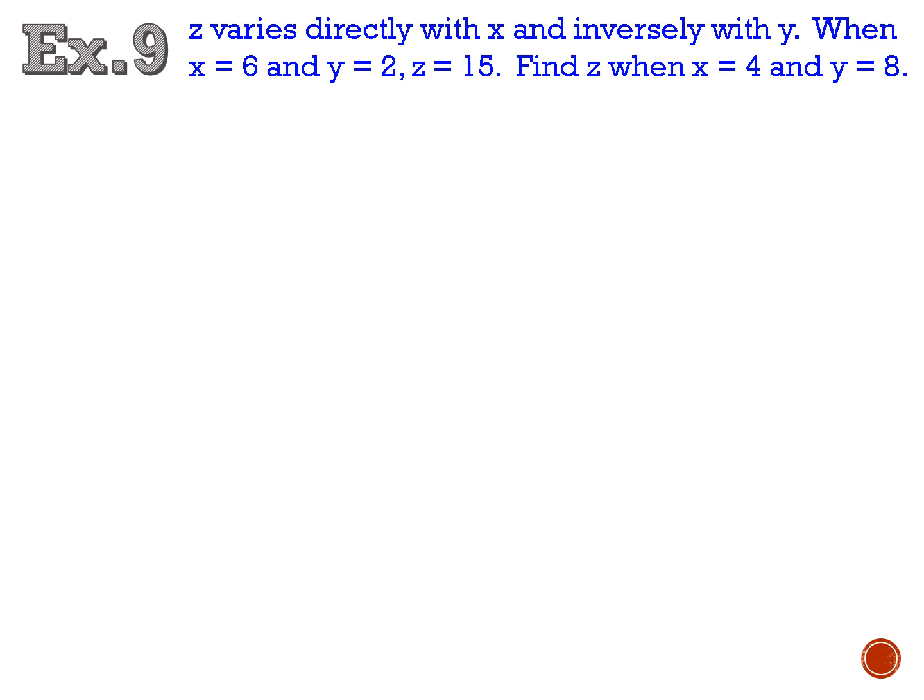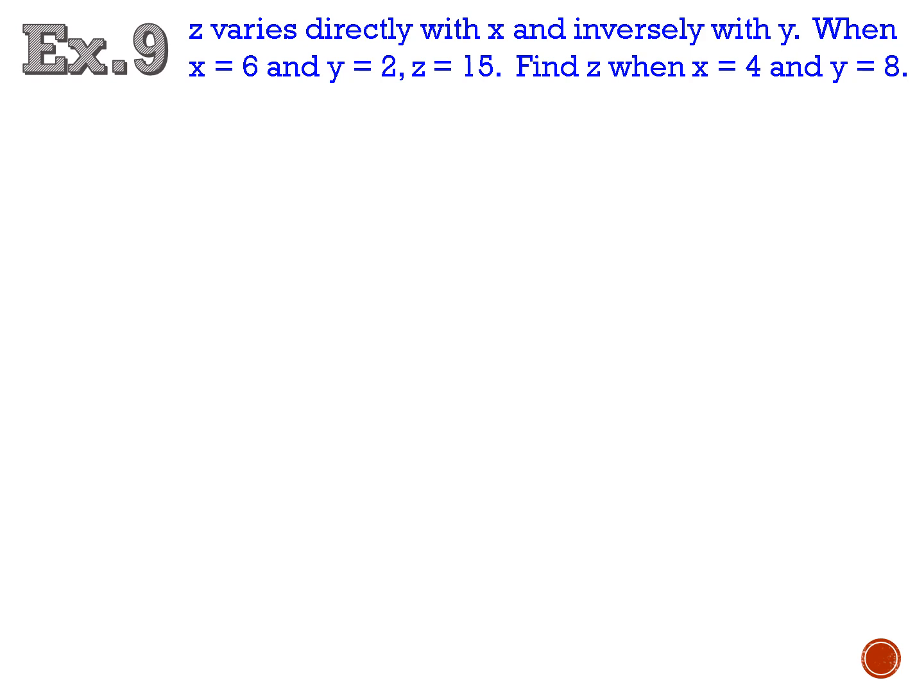All right, so it says z varies directly with x and inversely with y. When x equals 6 and y equals 2, z equals 15. So I want us to find z when x equals 4 and y equals 8.